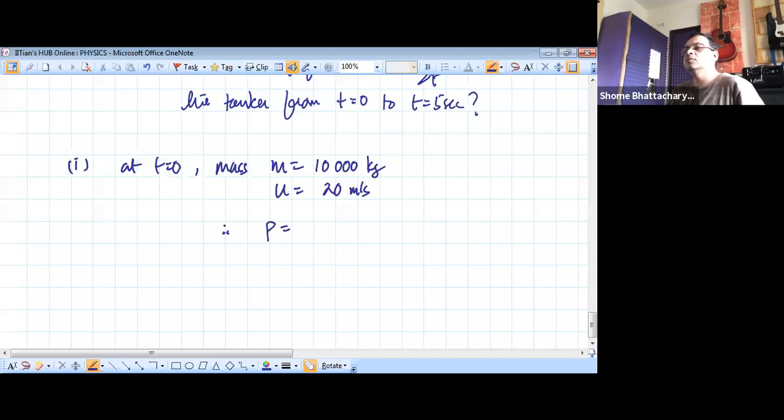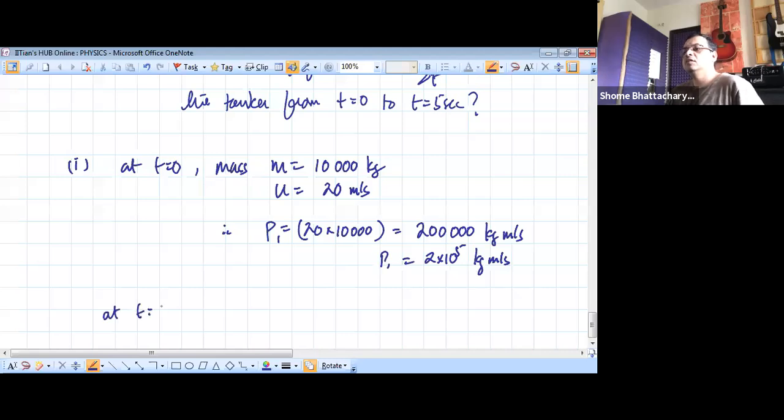Therefore, the momentum, let's say P1, is 20 into 10,000, so 200,000 or 2 lakh kg meter per second. We can write this as 2 into 10 raised to power 5 kg meter per second.